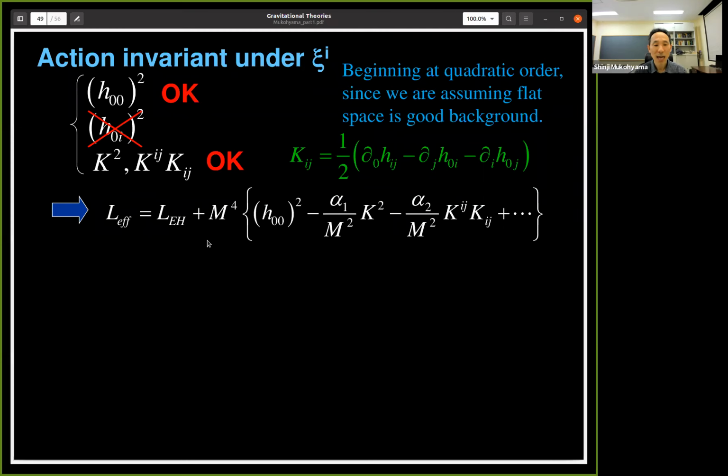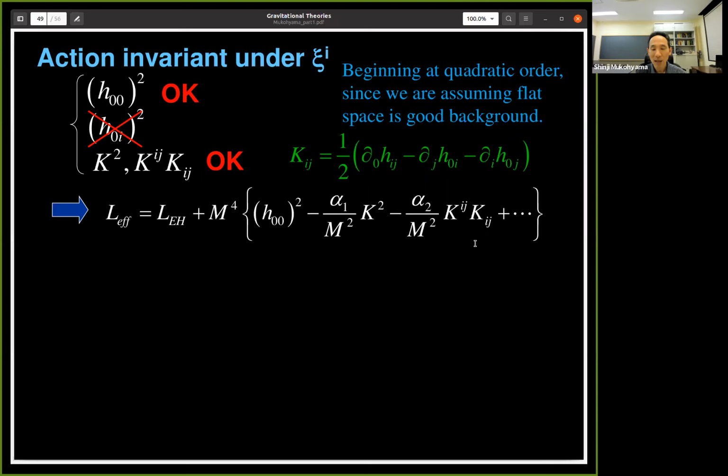So in the action, we can consider h_00 squared, the trace of K squared, and the trace of K_ij squared. On top of that, of course, we need to consider the Einstein-Hilbert action, because it is invariant under 4-dimensional diffeomorphisms, which include 3D diffeomorphisms as a special case. So we also should include this. Anyway, these are universal terms.